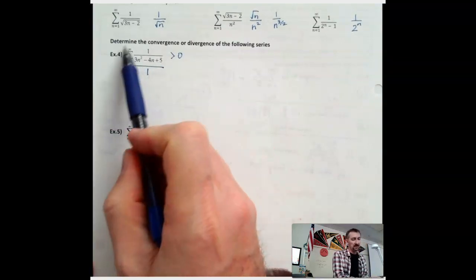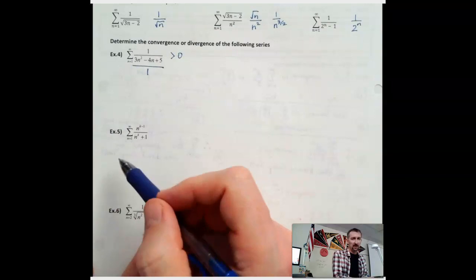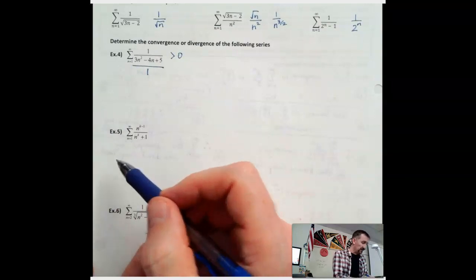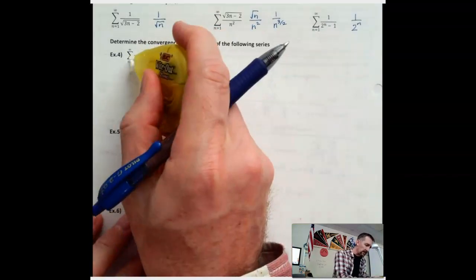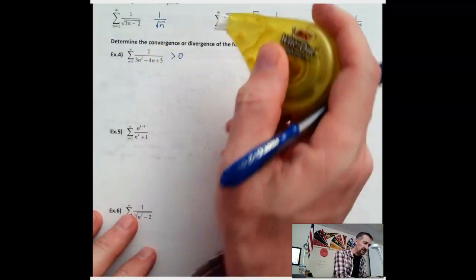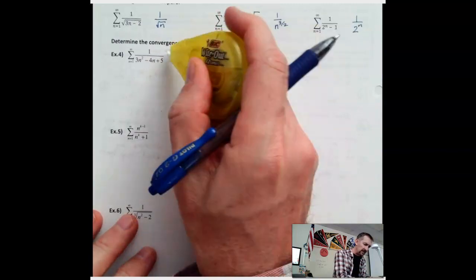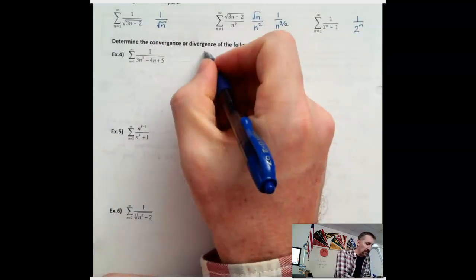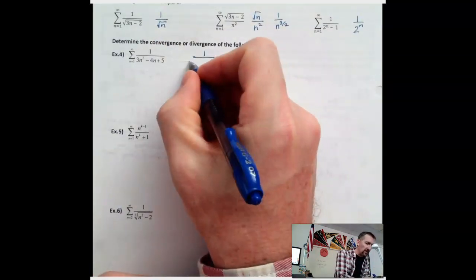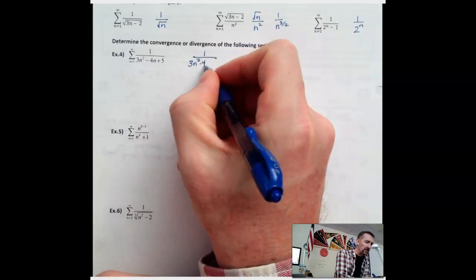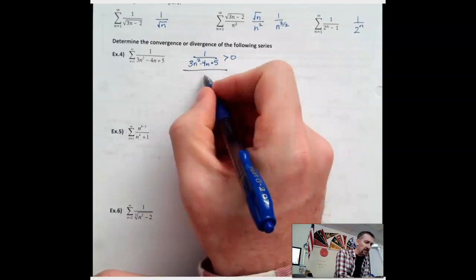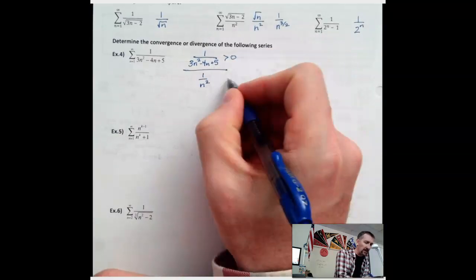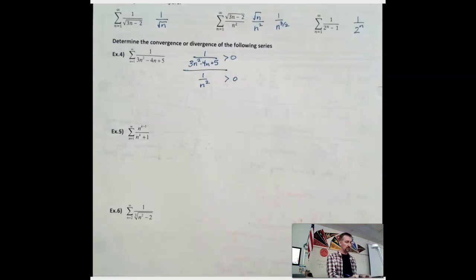I probably should write it out again, because the sigma sign there means I shouldn't do what I was going to try to do. So 1 over 3n squared minus 4n plus 5, that's greater than 0. And 1 over n squared is also greater than 0.